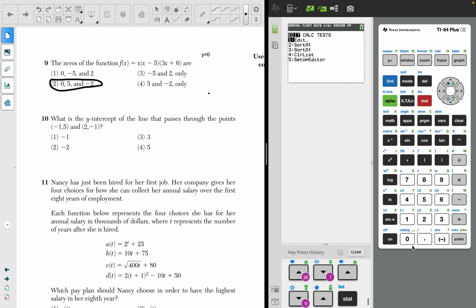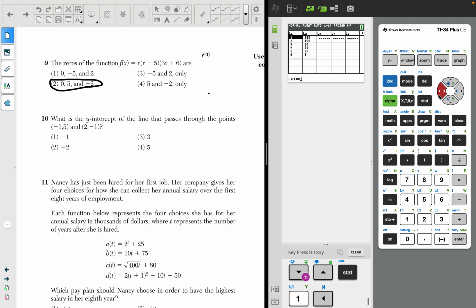Stat, edit. So what we're going to do is first clear L1 and L2. Clear. And then we're going to type in the data as we see it. -1, enter, 5, enter, and then 2, enter, and then -1.